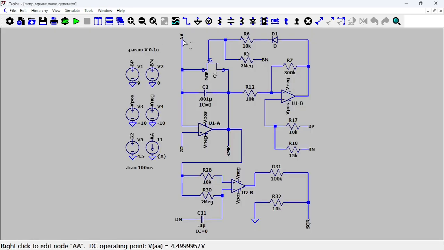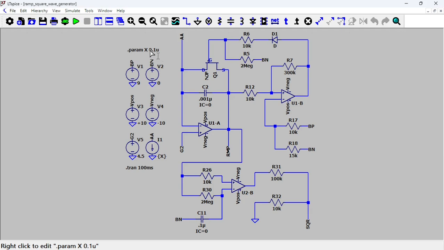Okay, so AA is the current coming from the exponential converter, and I modeled it as a current source, and the value for the current is a parameter x, and here I'm putting x equal to 0.1 microamps. The reason I use such a small value is so that I can see very clearly the waveform.